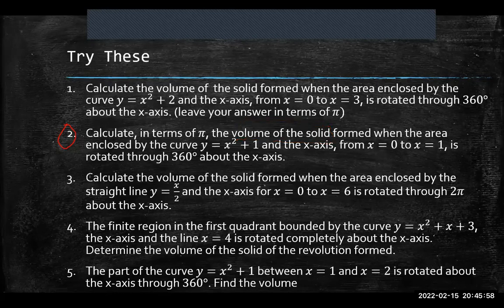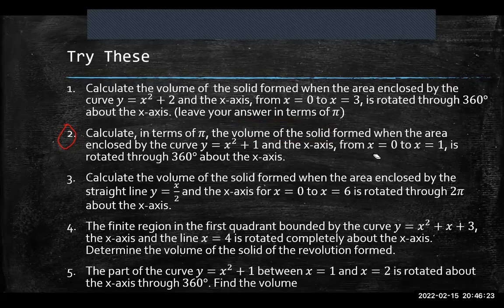What do you need? Well, you need the f of x, which is the equation of the curve. You need your upper limit and your lower limit. So remember, upper limit is always the bigger number, lower limit is always the smaller number. So looking at this information that they gave me here, my curve is y is equal to x squared plus 1. So f of x is x squared plus 1.